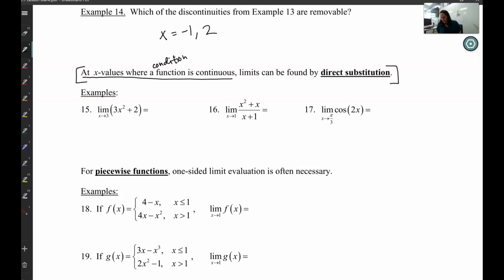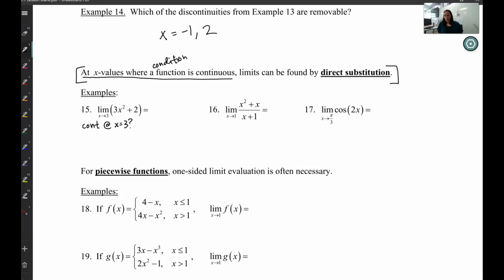So let's look at this example. Limit as x approaches 3. So we need to check this condition first. We need to ask, is this function continuous at x equals 3? That's what we need to know.